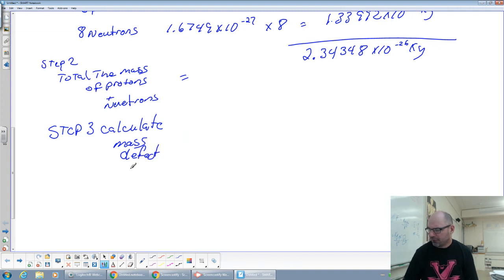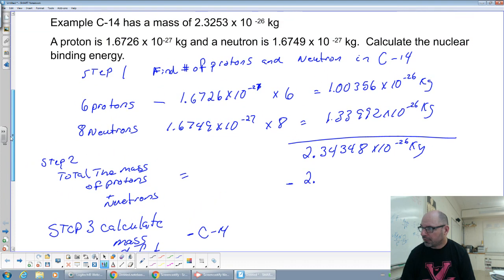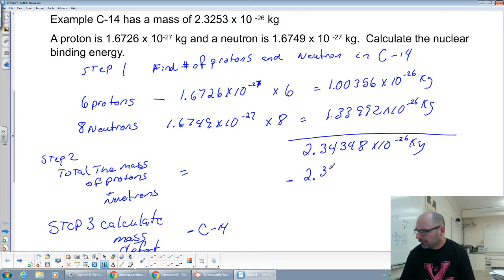Okay, subtracting from this one, subtract C14. So C14 was 2.3253 times 10 to the negative 26 kilograms.